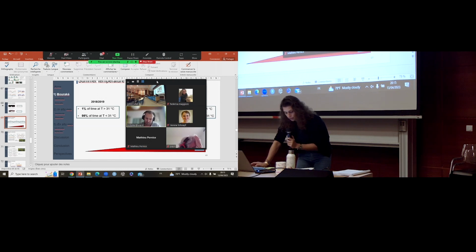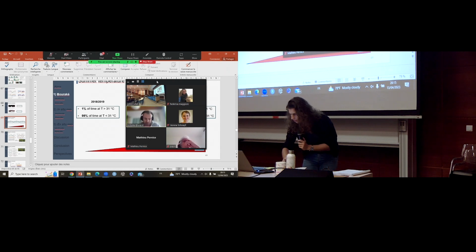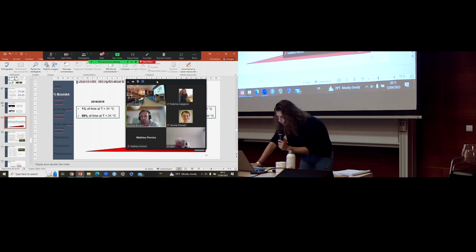I would now like to start with a general question about the sponge loop. I read multiple times in chapters 2 and 3 that you were making a discrimination about what happens with the DOM that is taken up by the sponges: that it is either assimilated into biomass or released as detritus.